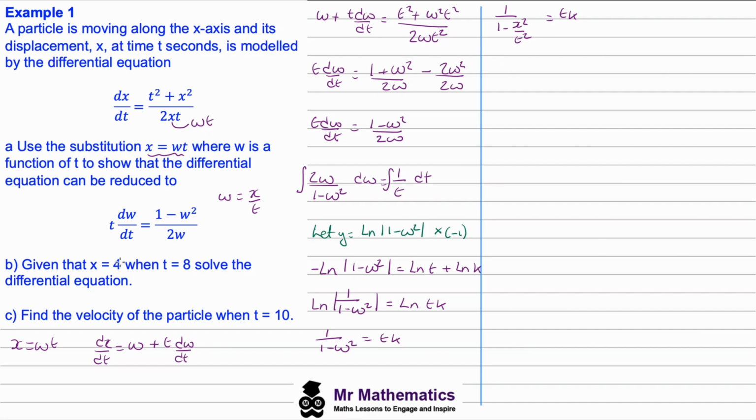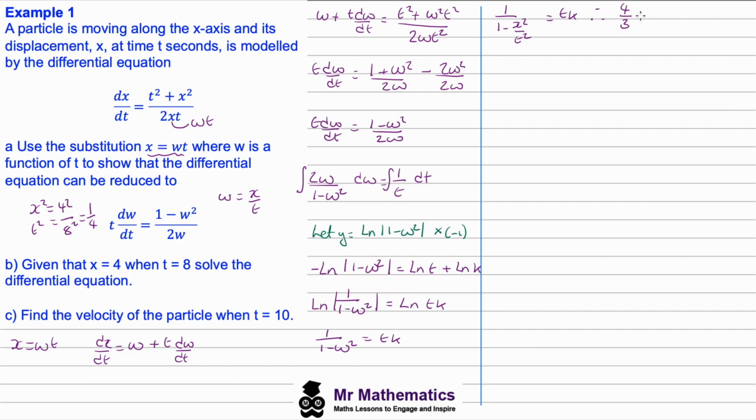I can substitute in the boundary conditions. So if x squared is equal to 4 squared and t squared is equal to 8 squared, one is simplified to make 1/4. So now we have 1 over 1 minus a quarter, so 1 over 3/4, which becomes 4 over 3.